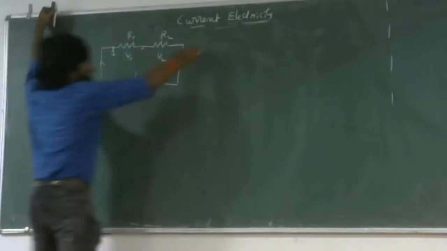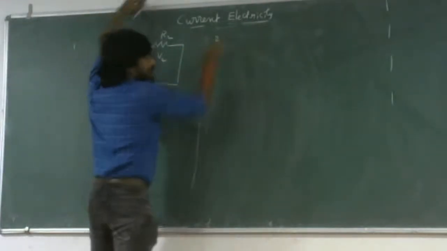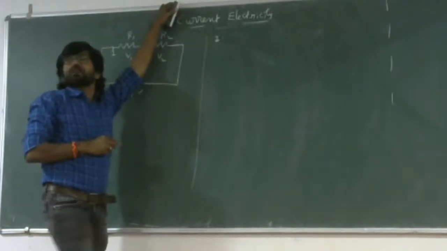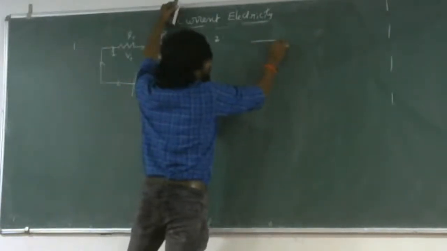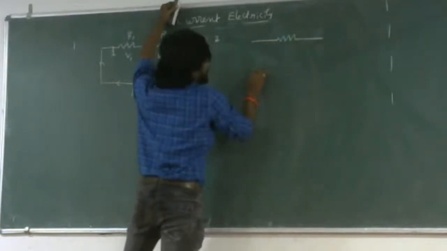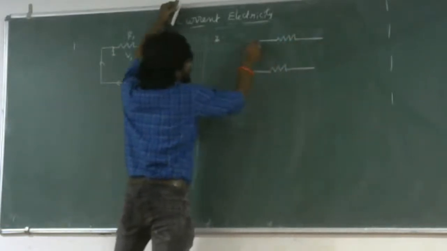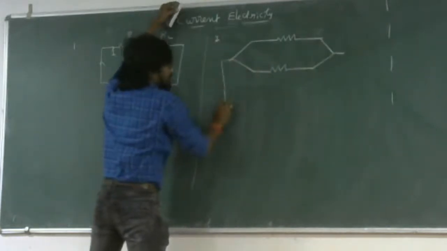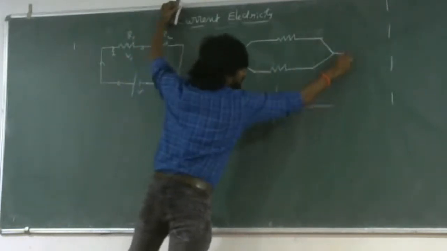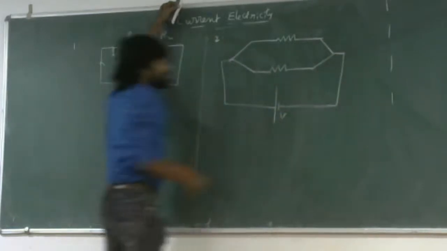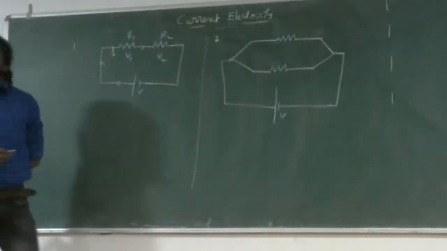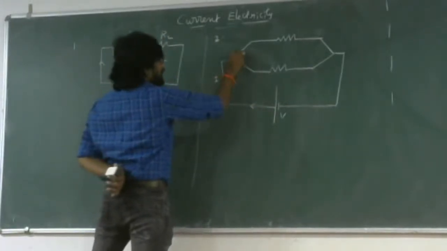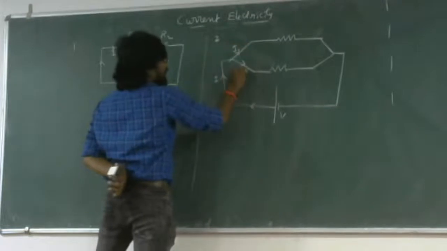Similarly, the second point is, if you have two resistors connected in parallel, and this combination is connected to a cell or a battery of EMF or potential difference V volts, so that here the current I is drawn, that current I is dividing into I1 and I2.